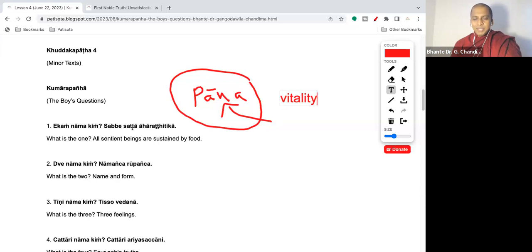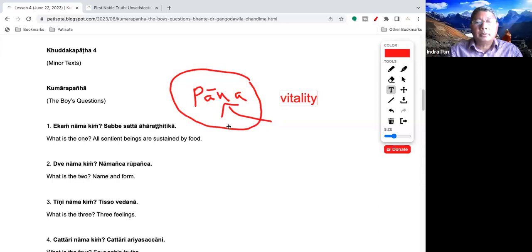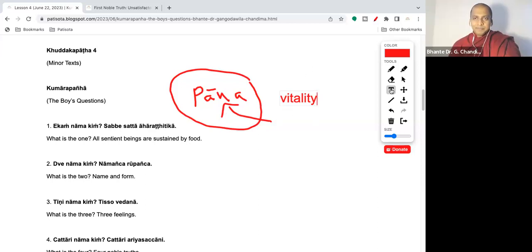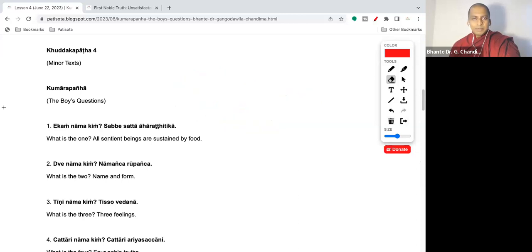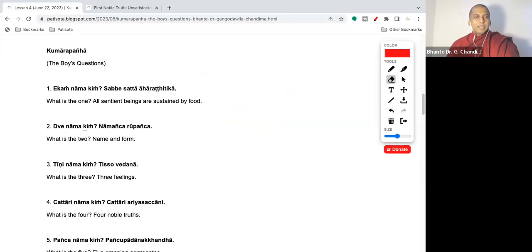In the precept category, we normally say that you are not killing any beings who have Pana. Make sense? Yes, Pana is the vitality of a being. That means they still have the life. All right, any more questions? You can ask at the end, definitely. All right.